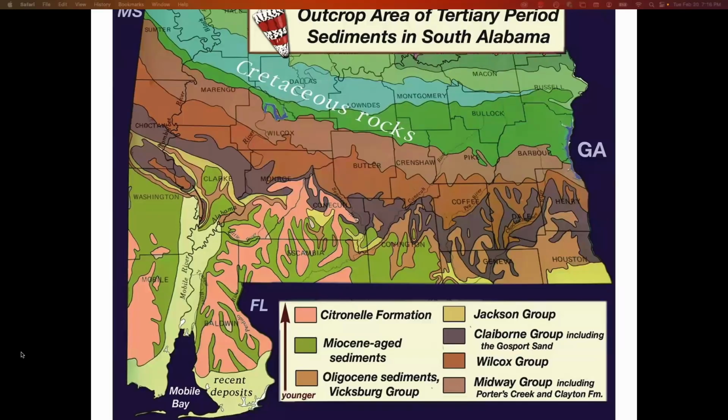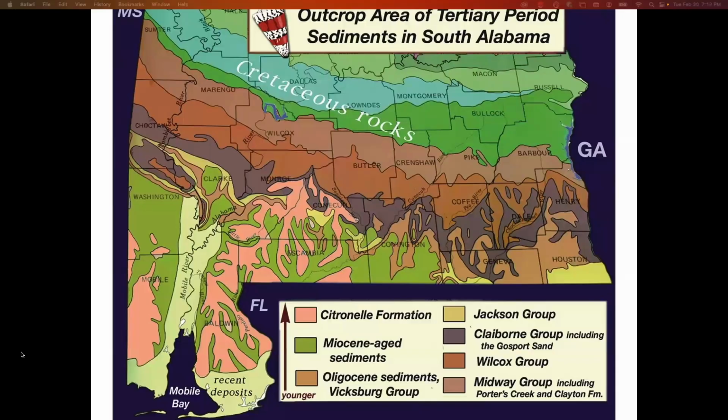You don't need to remember that. I want you just to note the ages of the epochs. Pliocene is pink. The lime green here is Miocene. Oligocene next, followed by the Eocene, a couple layers of Eocene here. And then finally, this group right here is Paleocene, and then we get to Cretaceous.